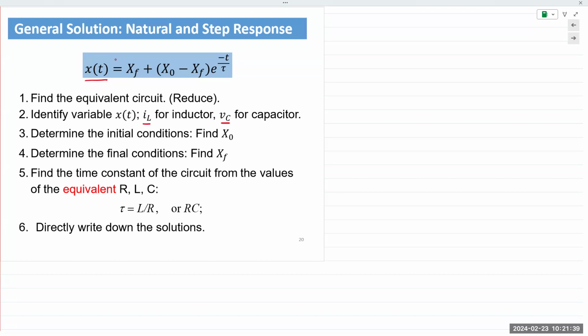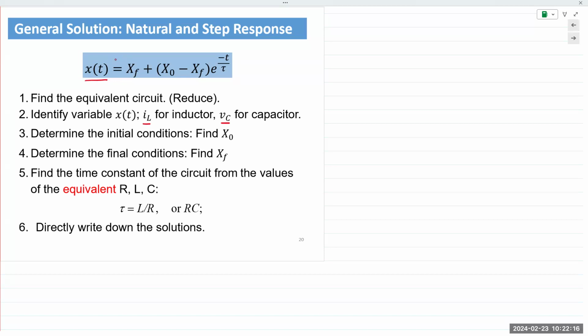So the first step in determining a solution, whether it's for charging or for discharging, is to redraw the circuit for time t less than 0, and then redraw it again for time t greater than 0. I will show that for the next 3 examples. Once you find the equivalent circuit, because there will be multiple resistors, capacitors or inductors, you reduce it down to a single resistance, Req. So the first step is to always redraw the circuit, find the equivalent values, and identify the variable x.